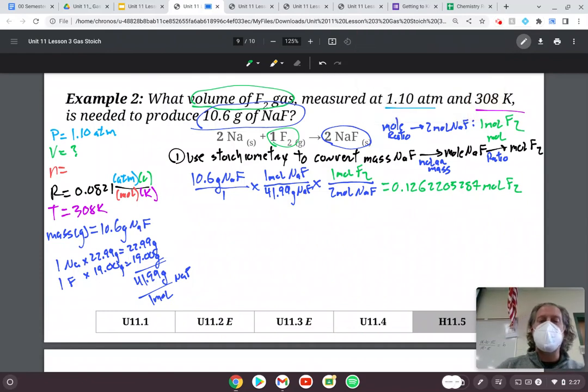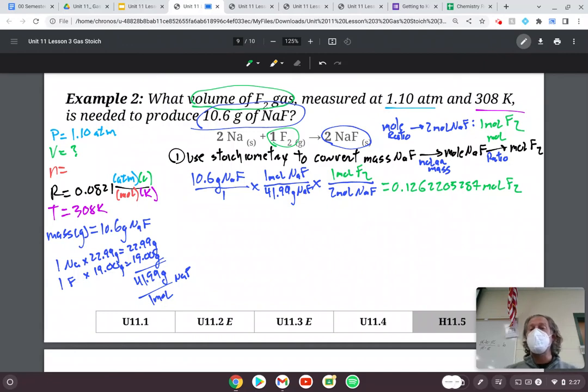Okay, so for this part of the problem, you had to go from mass of NaF to moles of NaF to moles of F2. So you needed to calculate the molar mass of NaF, and walking around, many of you calculated the molar mass of NaF. But remember, it has to cancel out the 10.6 grams, so that's why I have it on the bottom.